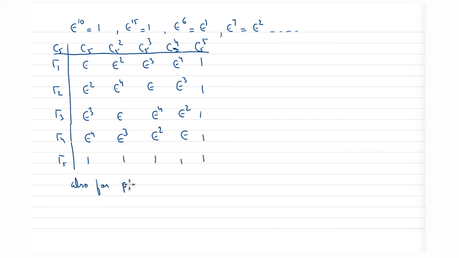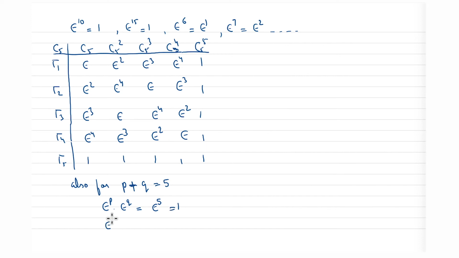Now also for p plus q equal to 5, I can say that epsilon p into epsilon q is equal to epsilon 5, where p plus q is total equal to 5, which is equal to 1.